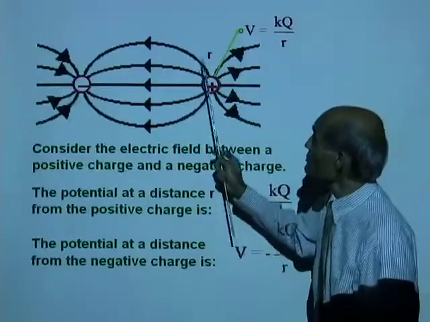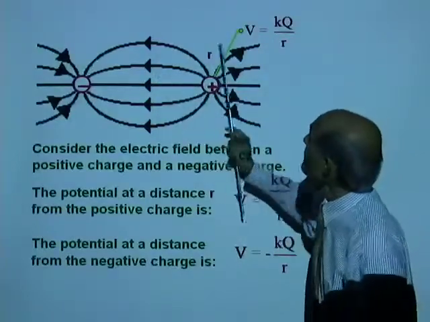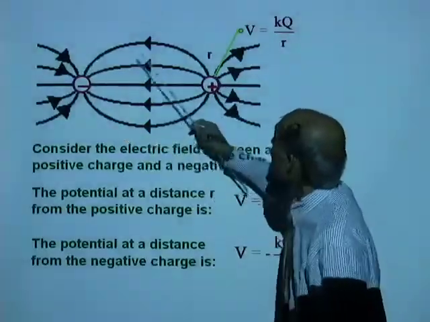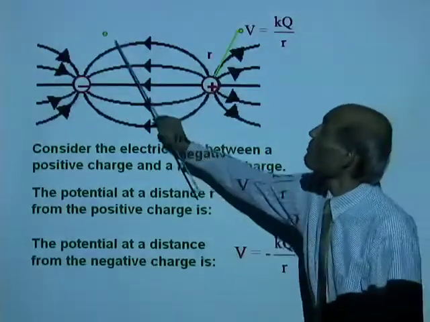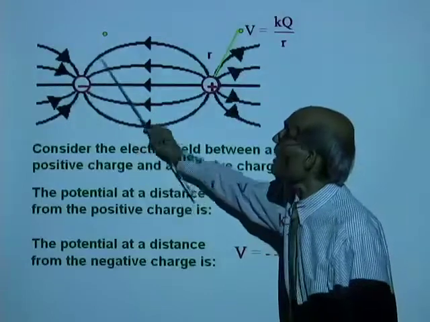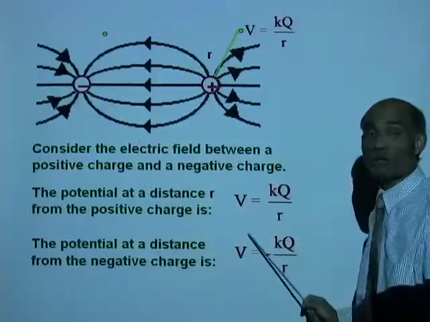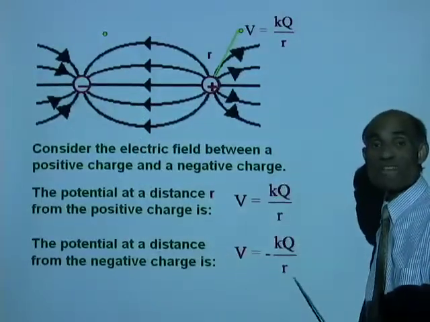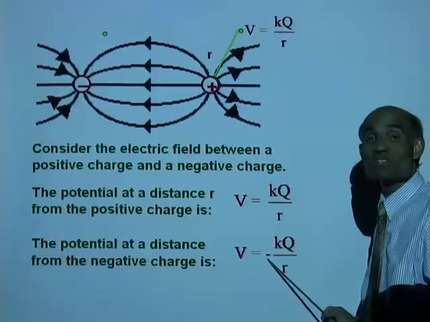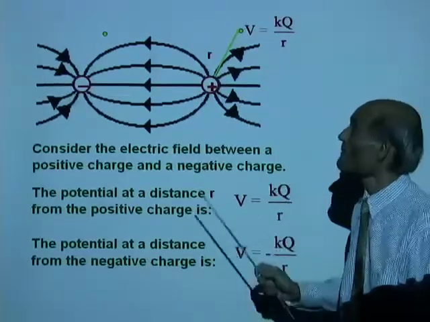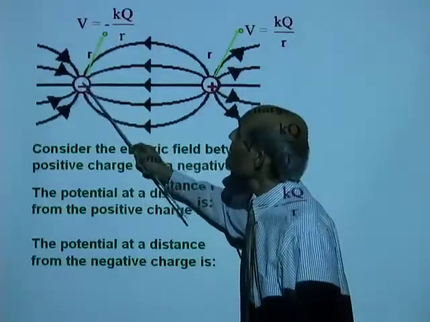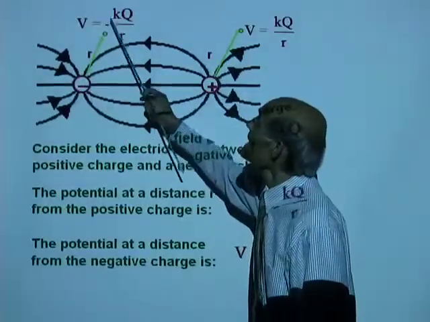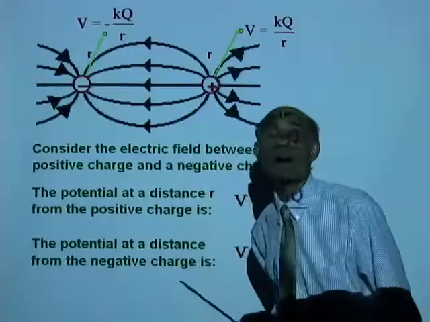Now what is the potential at a point due to the negative charge? If you take a point here at a distance R from the negative charge, the potential due to the negative charge will be negative. You need to indicate that. So the potential at this point due to the negative charge will be negative KQ over R.